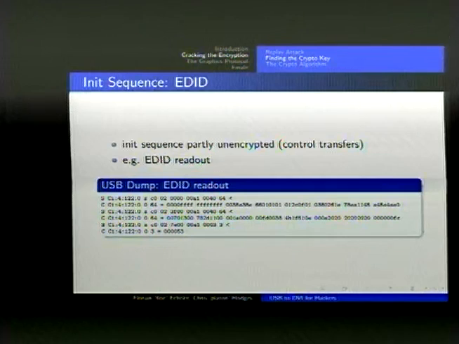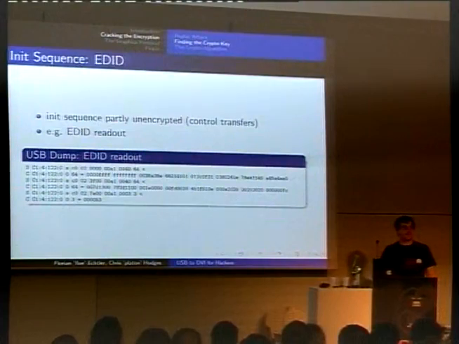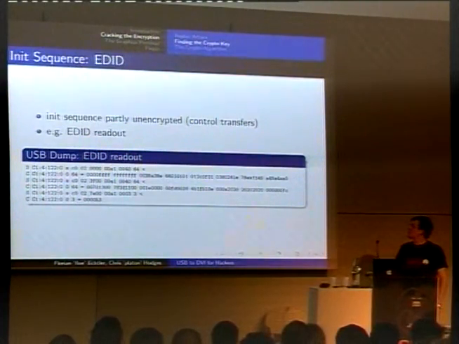One interesting part was that all of this were in fact USB bulk transfers. So everything the device does is bulk transfer, with one small exception, which is at the very start. When you initialize the device, then some control transfers happen which are not encrypted. For example, what you get here is the readout of the monitor description.